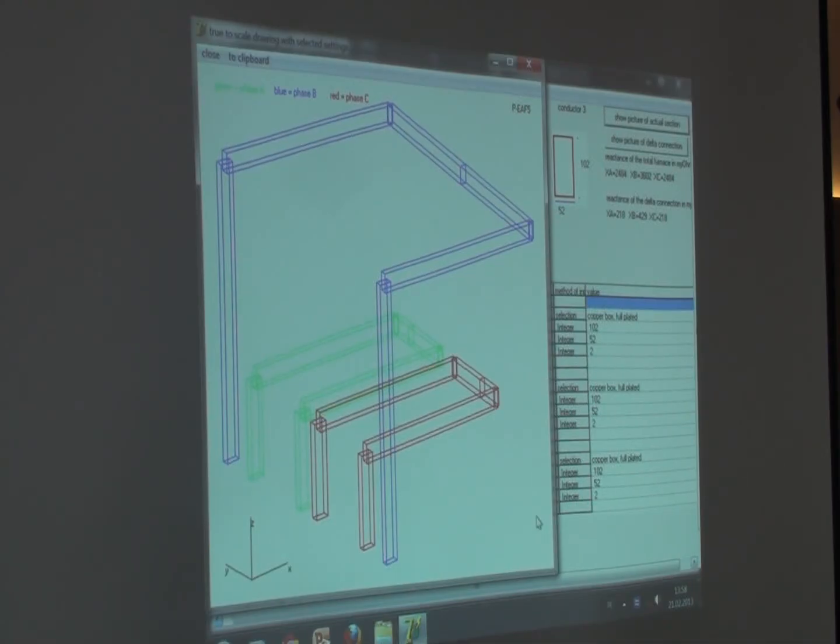We think the system has symmetrical currents. There are 3 equal currents flowing in the system, symmetrical currents in the furnace.